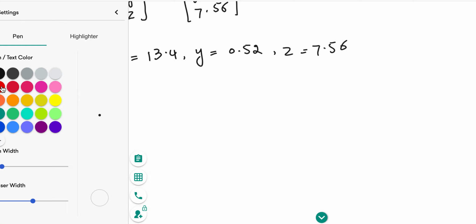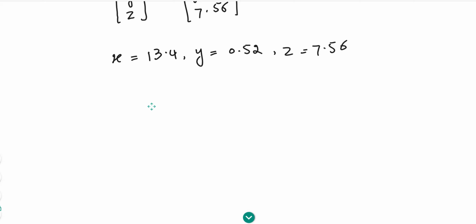Cramer's rule will be in the following way. We need to go to part number 2, solve the simultaneous equations using Cramer's rule. What Cramer's rule is, I will explain in a second.